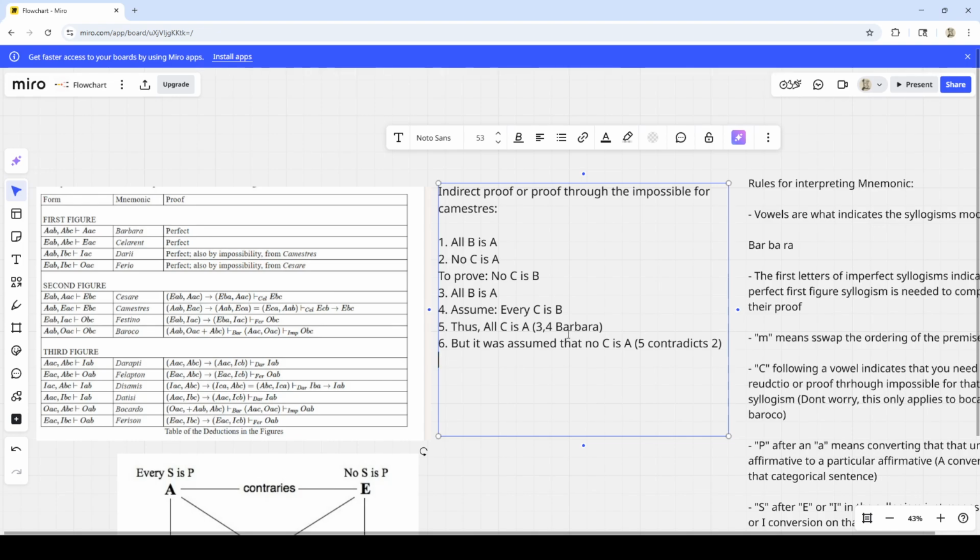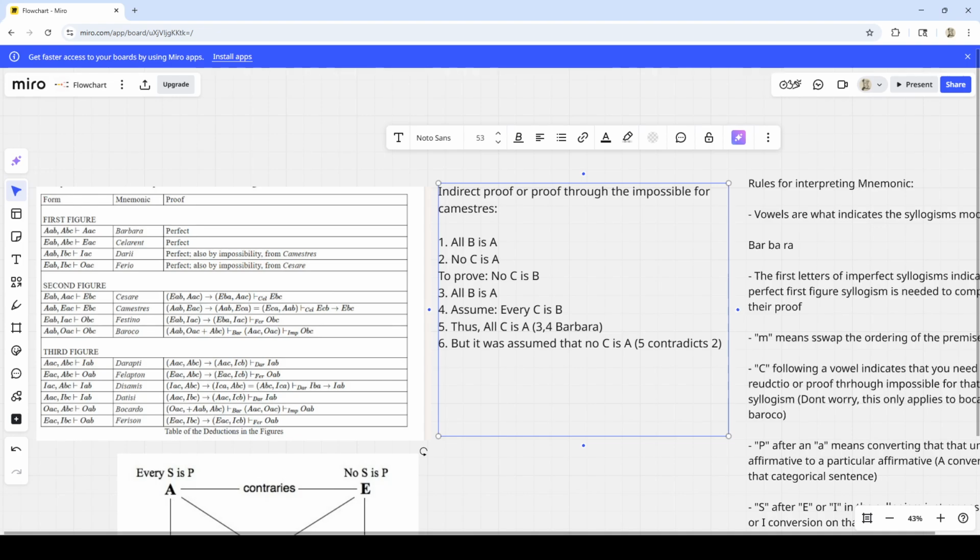a proof through the impossible for Cesare, and this logically follows, right? So here we see that no C is B contradicts every C is B, and all B is A, via just restating premise 1, and then this is Barbara because it's an A syllogism. The middle term is subject and then predicate.